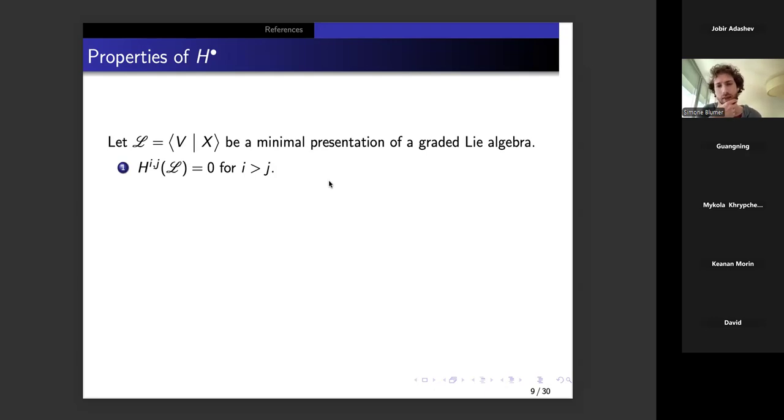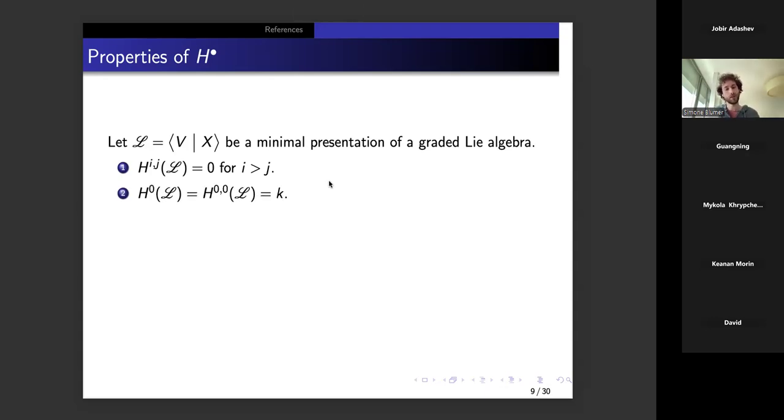So the first and most trivial fact is that the bigraded cohomology groups are concentrated above the diagonal. In fact, you can think of these two degrees, these two indices i and j, as the axes of a Cartesian plane, and the diagonal is precisely the set of cohomologies where i is equal to j. So the first fact is this one: the cohomology is zero below the diagonal.